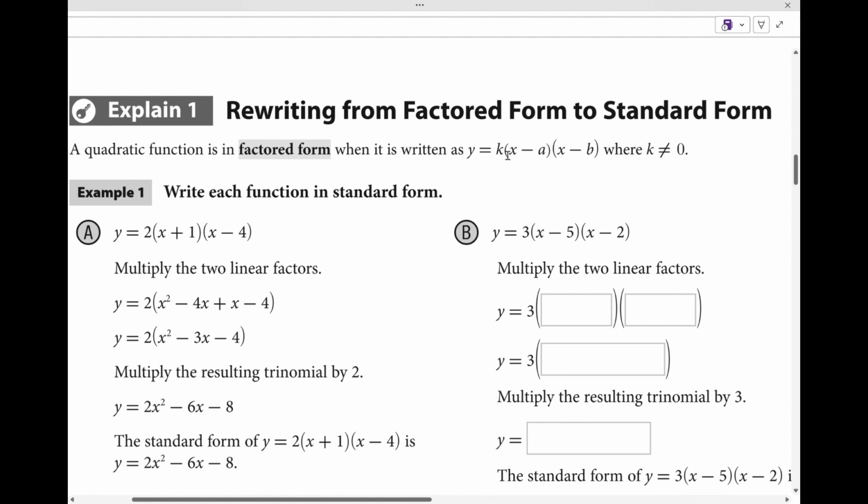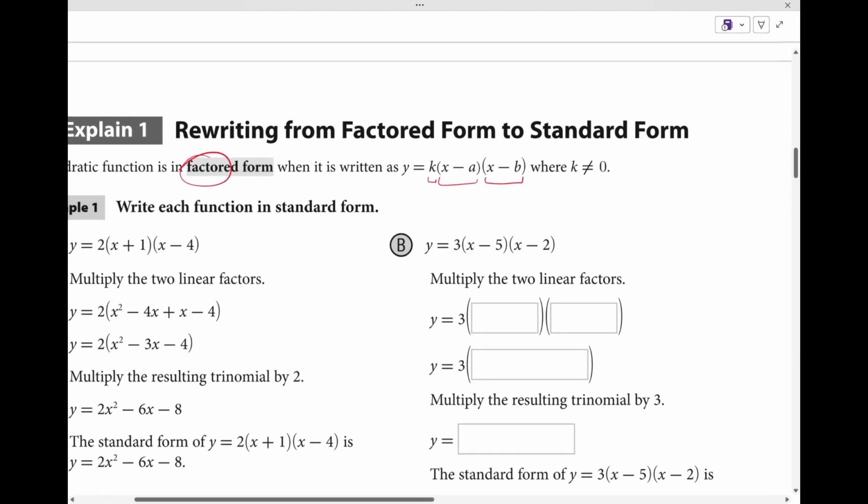Because if k was 0, 0 times this is 0 times this is 0. The whole thing would be 0. We just need k to be some number. So x minus a times x minus b, basically. Again, this is called factored form. Okay, it's called factored form because we have two factors. Really 3 if you count k, but mainly those two.